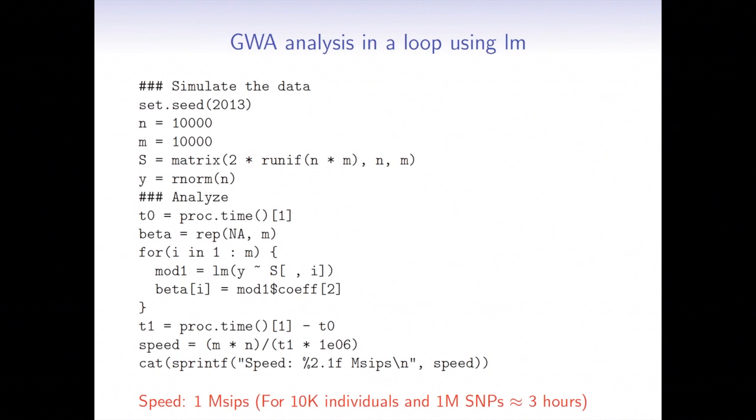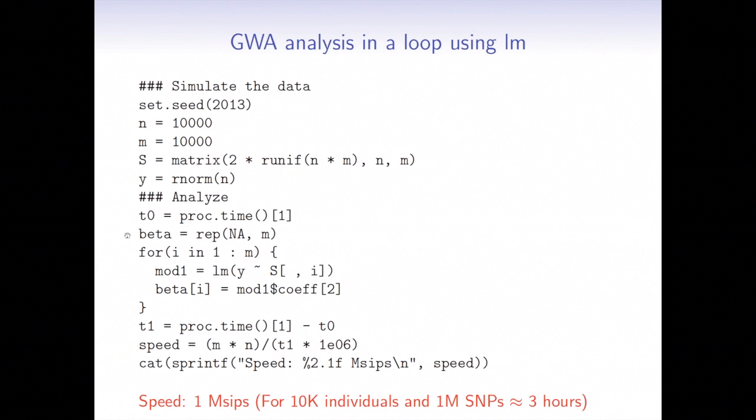In the first slide, I show how we simulate the data and how we are calculating the speed. So first I simulate n individuals. I set a so-called mini GWAS with 10,000 individuals and m of 10,000 SNPs, and I simulate my SNP matrix and my vector of response. Here I want to measure time.